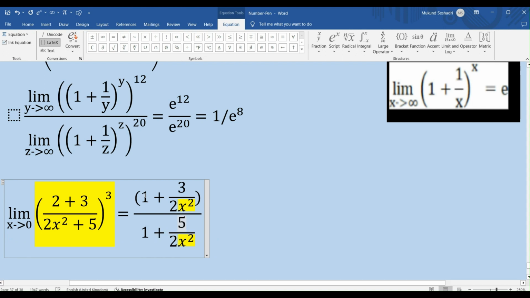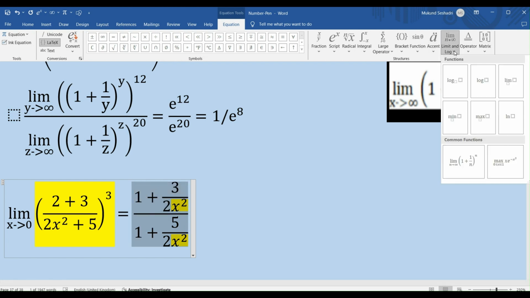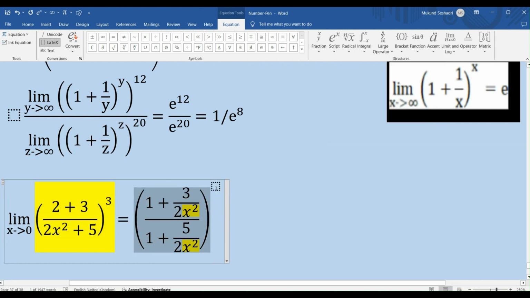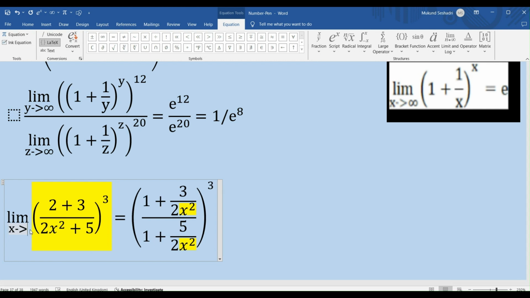So this is what I have, and I can comfortably do a whole cube here. I do not have to look at this as two independent expressions, right? So let me bracket the whole thing and let me call this out as whole cube, right?